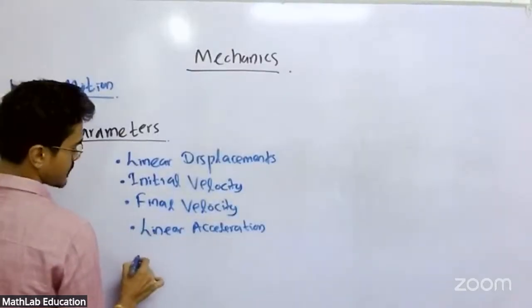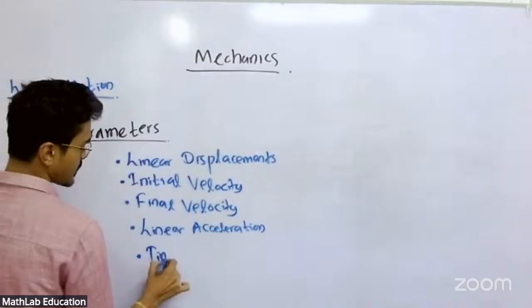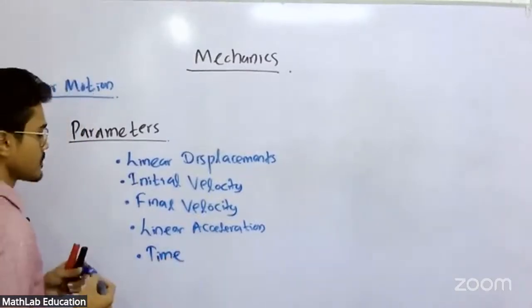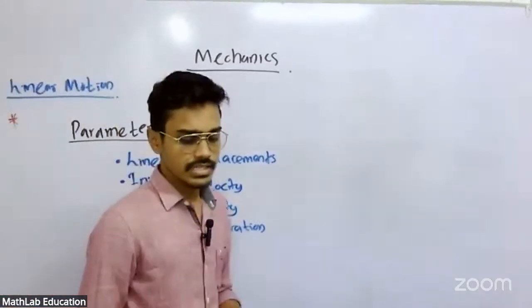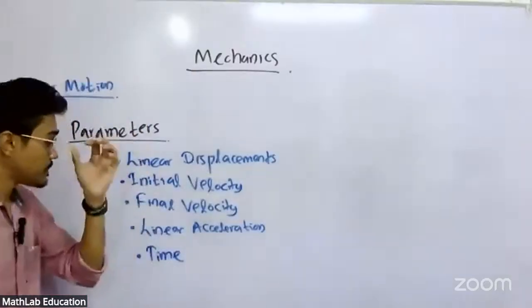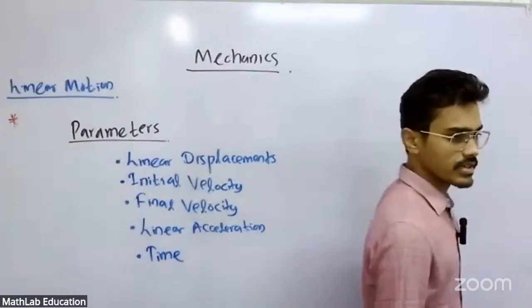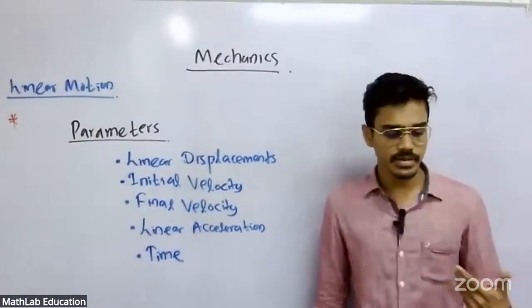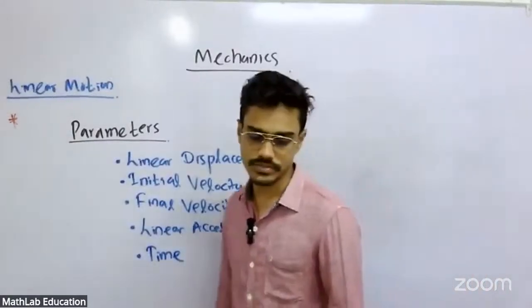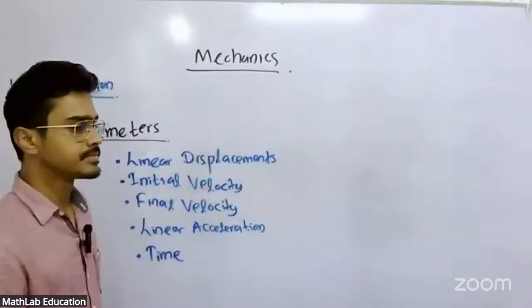And last but not least, time. So basically, these 5 are the parameters we are going to use to describe a linear motion.